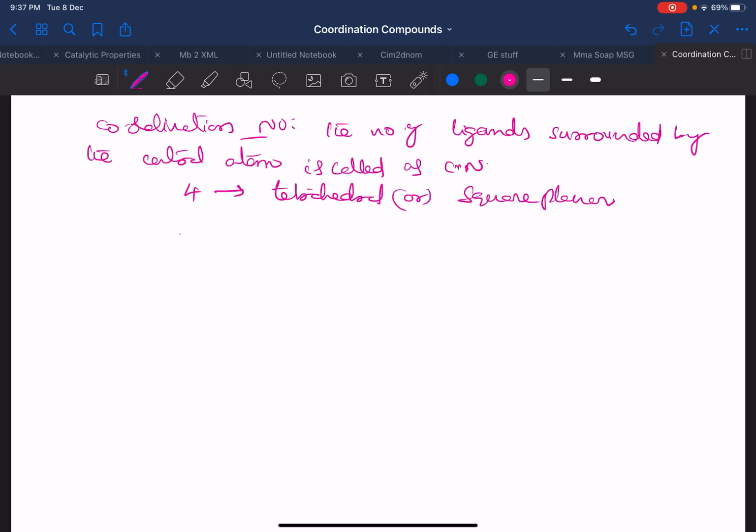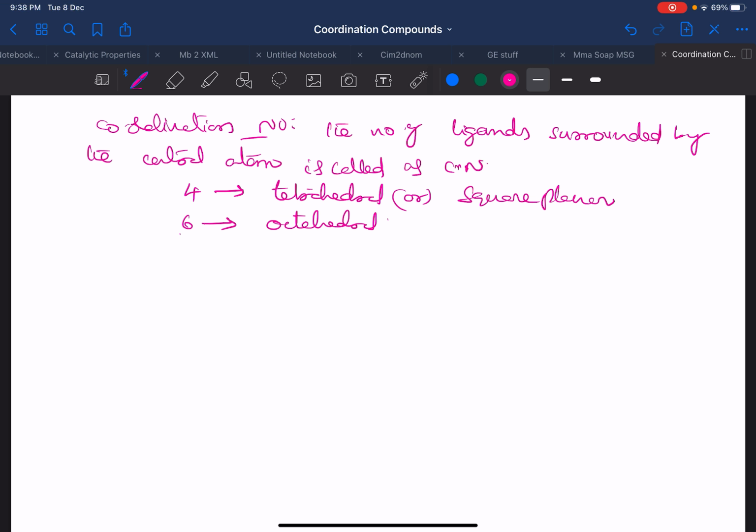If the coordination number is 6, the structure is octahedral. So these are the main important terms, that is coordination number, the number of ligands surrounded by the central atom or involved in the spatial arrangement around the central metal atom.